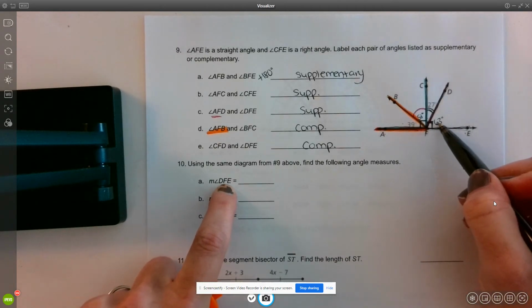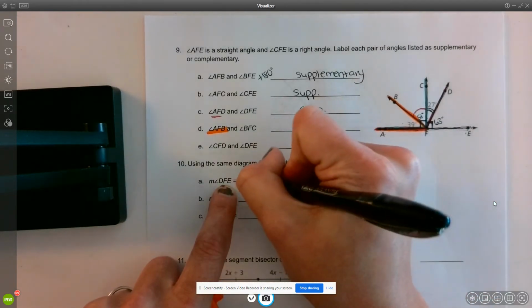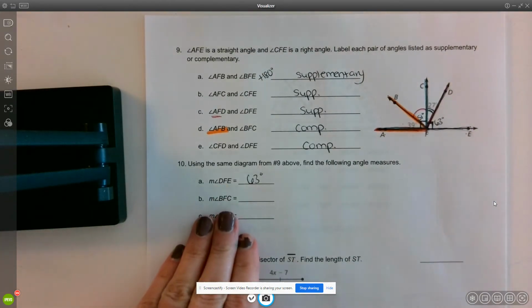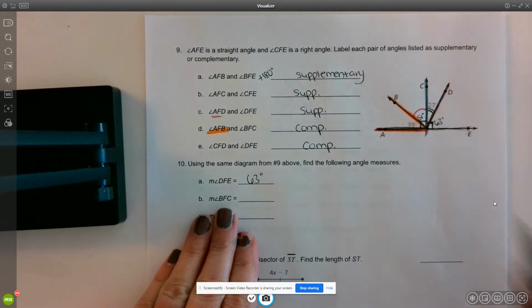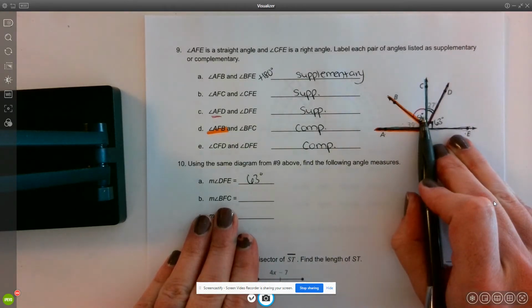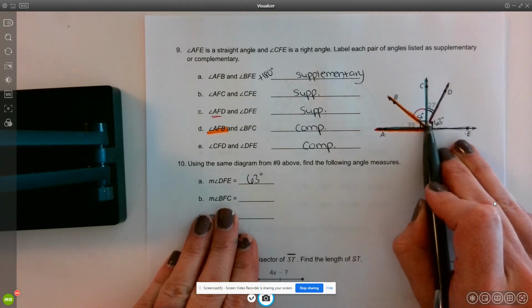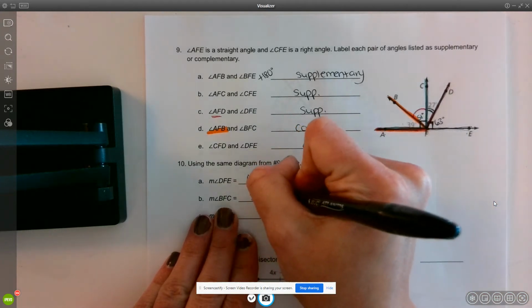Remember, I found that by doing 90 minus the 27 degrees. Angle BFC I found was 51 degrees, and I did that by taking the 39 degrees and subtracting it from 90.